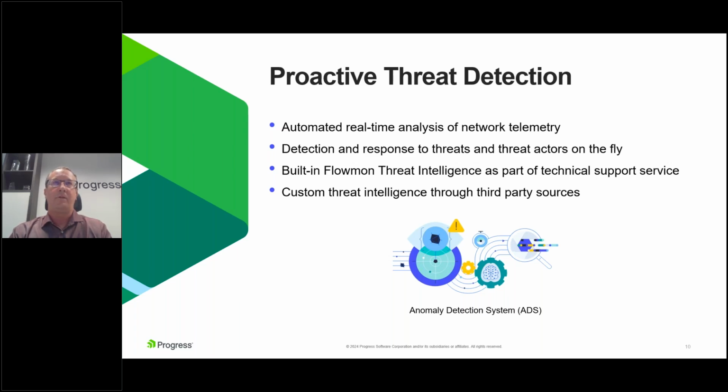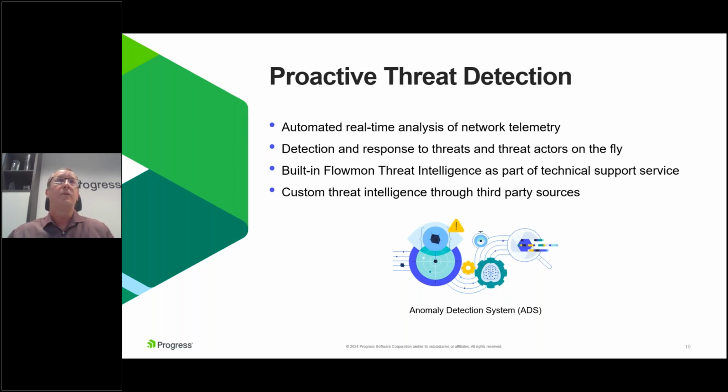These are either provided automatically by us through the Flowmon Threat Intelligence service, which is what you have seen as blacklists coming from us, originating from Flowmon, or there is also the option to bring custom threat intelligence that you might have from any third-party sources that you can imagine.